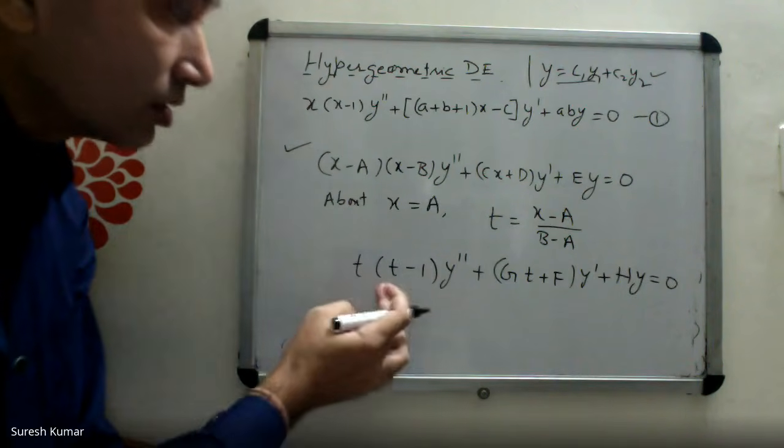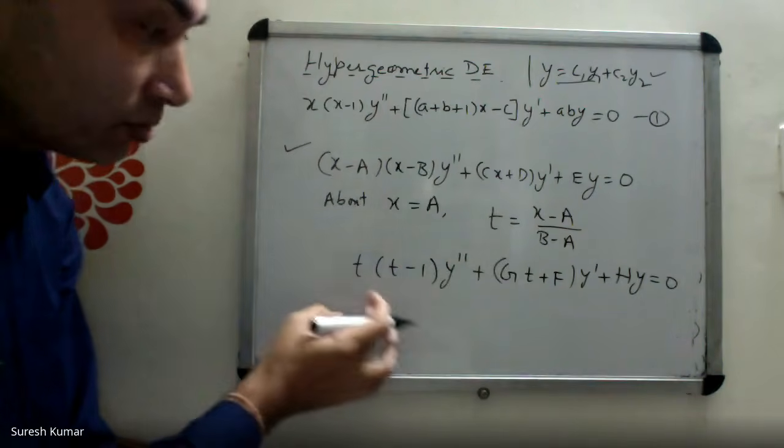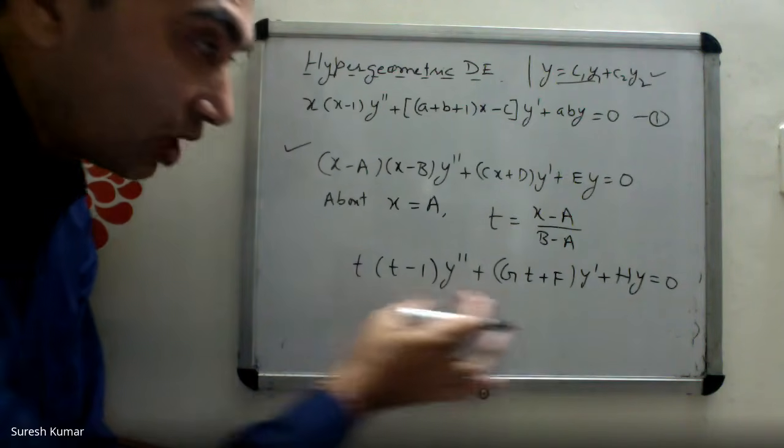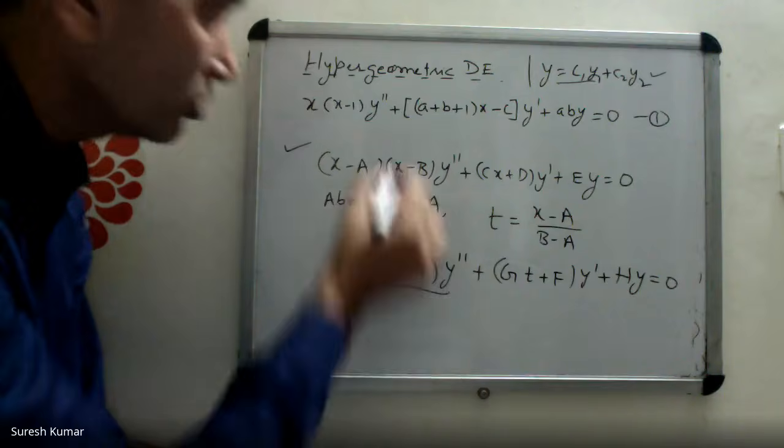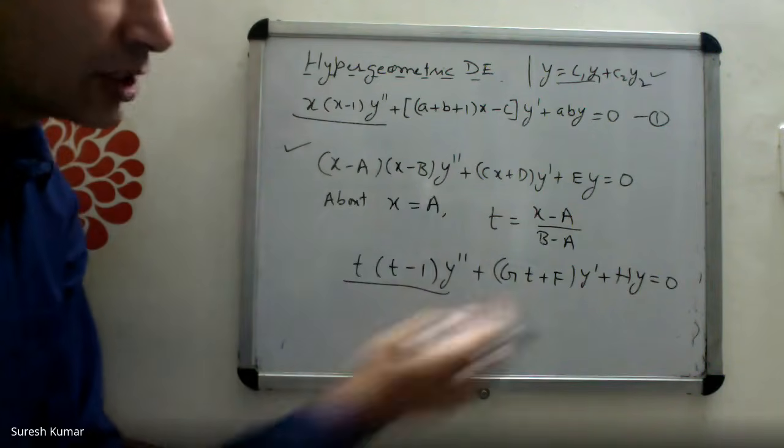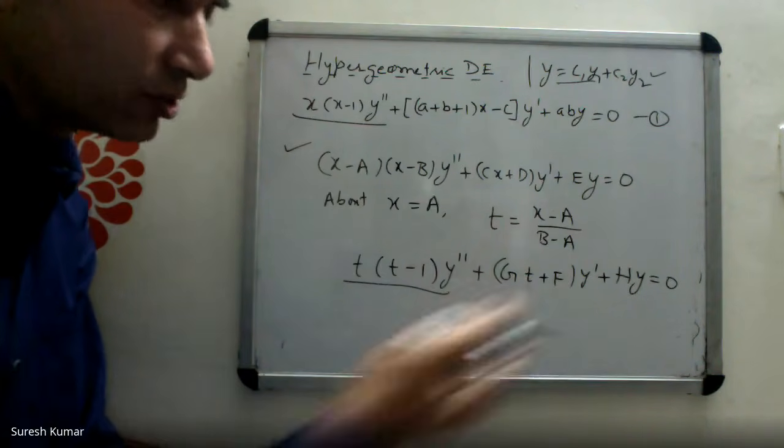The main thing is that through this transformation you are able to convert this differential equation into hypergeometric. See, this matches with this one. These constants you can identify after finding G, F, H.